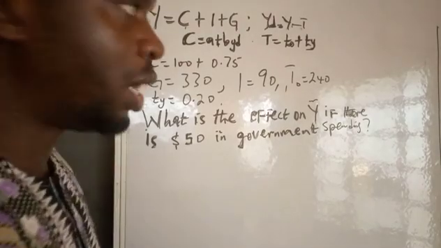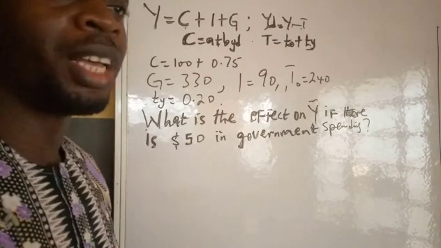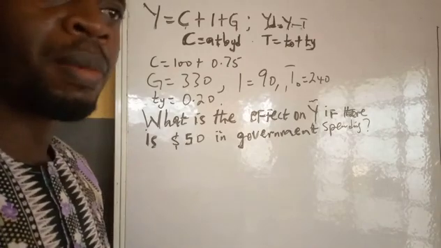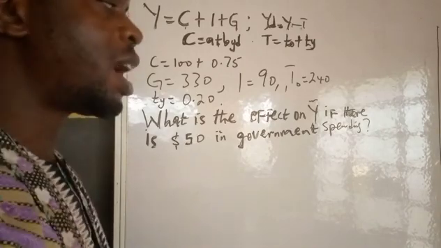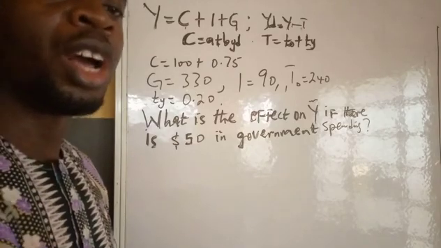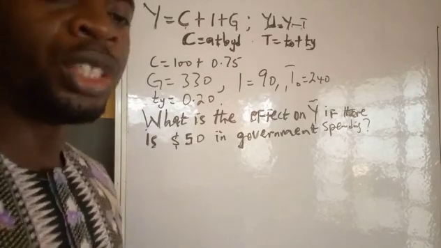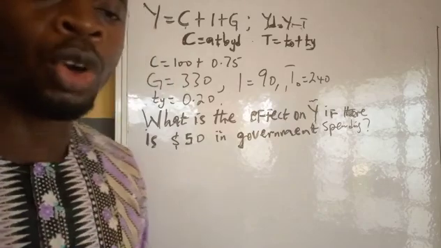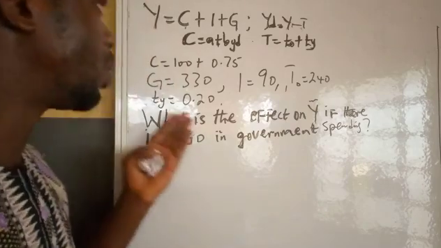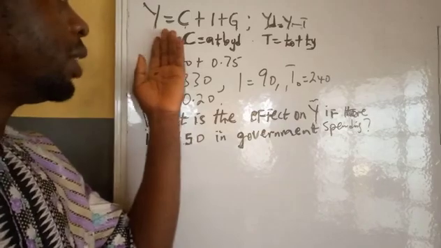Hello class, today we'll be looking at national income, and the area we are specifically looking at is, if there is a change in government expenditure, how is it going to affect national income equilibrium. If you look at the question on the board here, we are given the model.